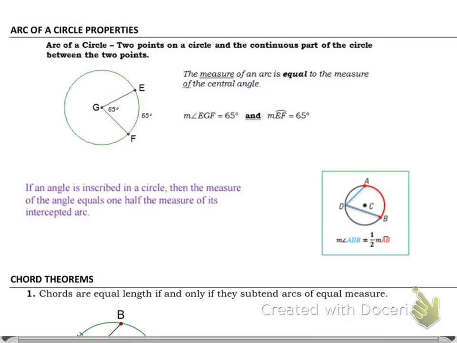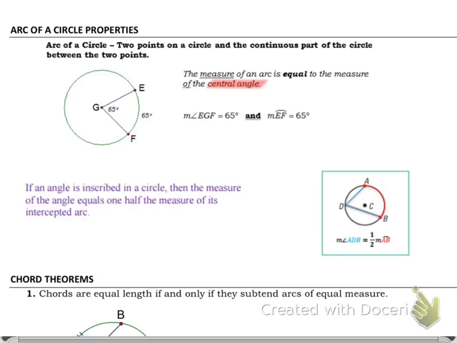So, arc of a circle property. The big thing is, if I have a central angle and I know the degree measure of that central angle, that is also the measure of my arc, and vice versa. The big thing to take away is that it has to be a central angle.